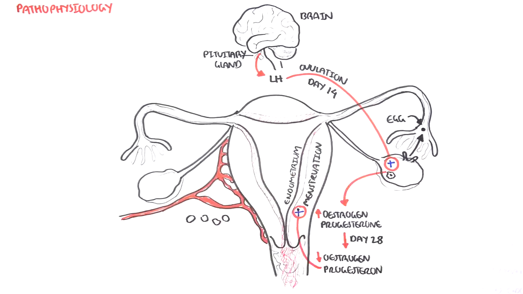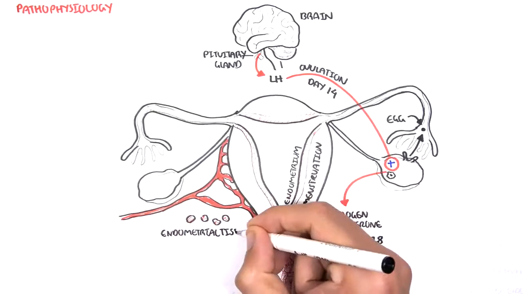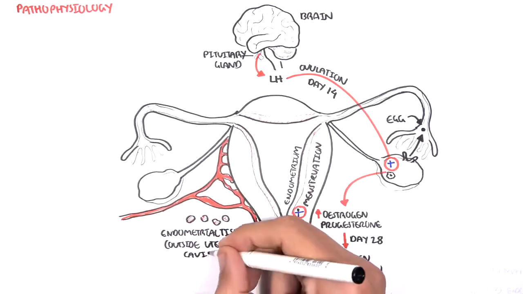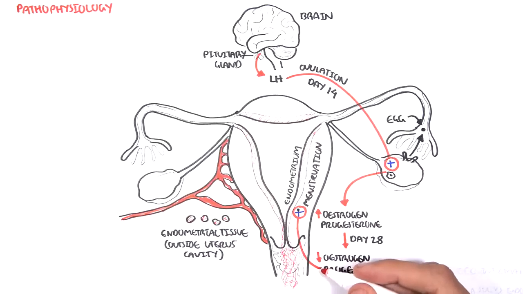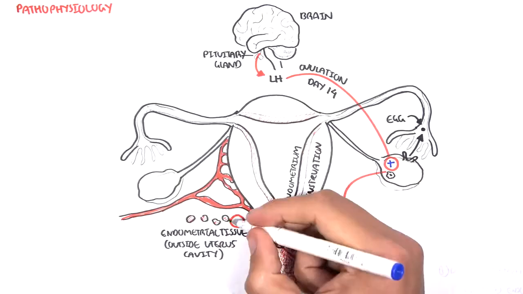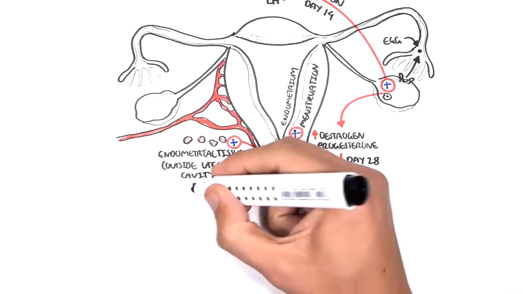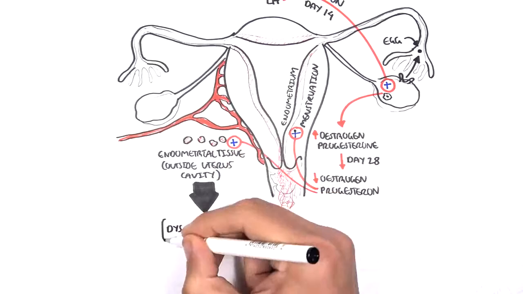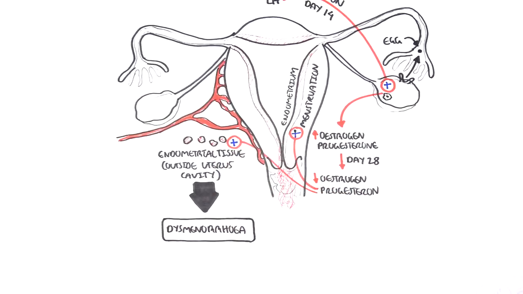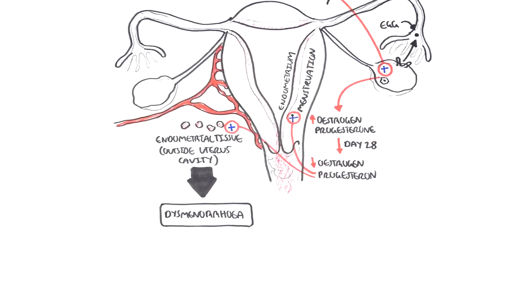In endometriosis, because you have endometrial tissue elsewhere outside the uterine cavity, this ectopic endometrial tissue will also react to the drop in hormones, and it will also shed. And this will cause really painful periods, dysmenorrhea.